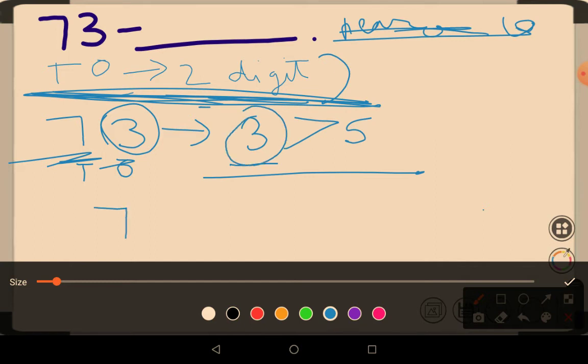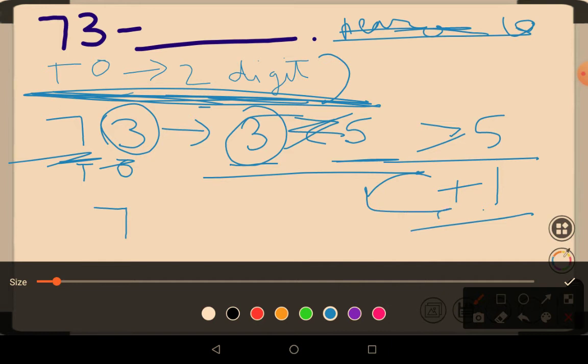If it is 5 or greater than 5, I will add 1 to the number next to the given number, not the one which I am comparing with, but the one in the place value I have to round. And if it is smaller than 5, like over here, I will do nothing.